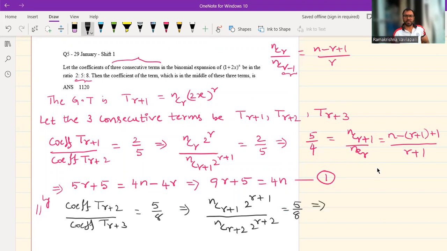As before, 2^(r+1) is cancelled and 1/2 is left. Taking in reverse, nC(r+2) by nC(r+1) equals, cancelling 2 fours, 4/5.